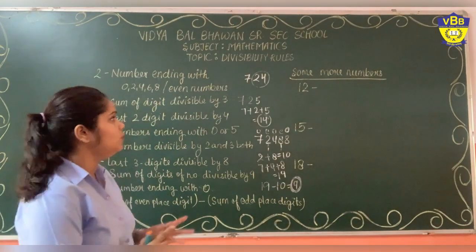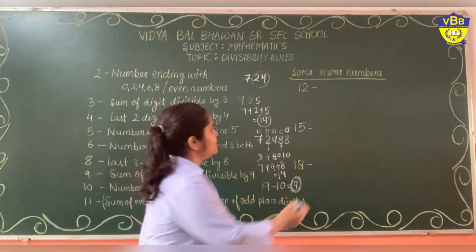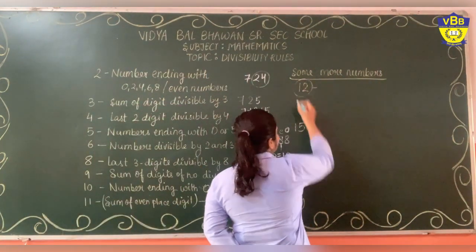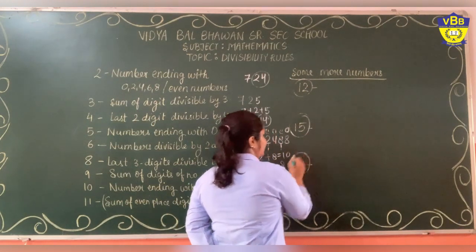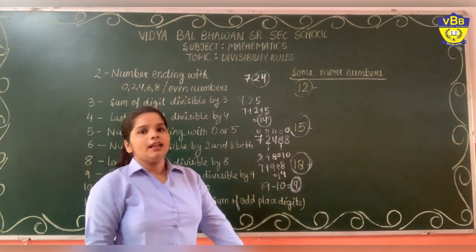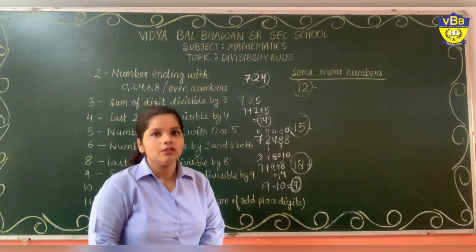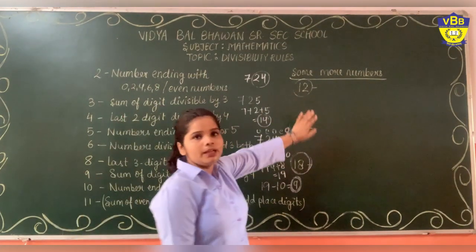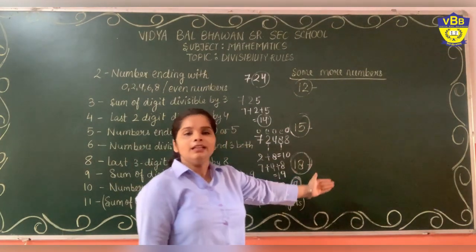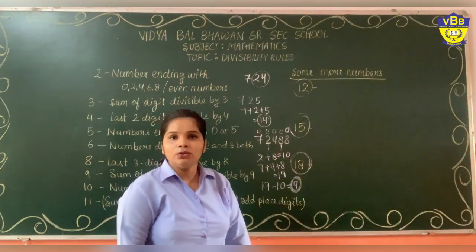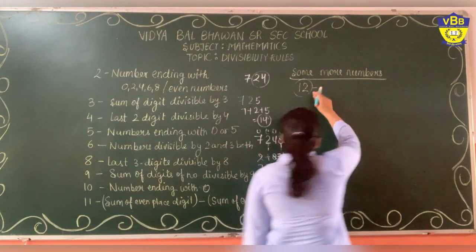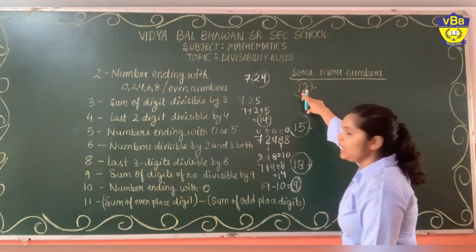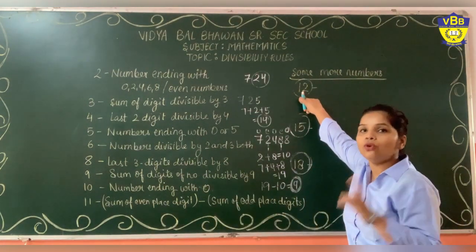Now if I talk about some more numbers, we have 12, 15 and 18. There are no specific different rules to check if a number is divisible by 12, 15 and 18. What we need to do is write 12 as the product of two co-prime numbers.